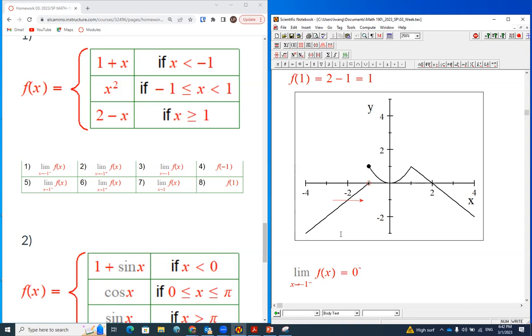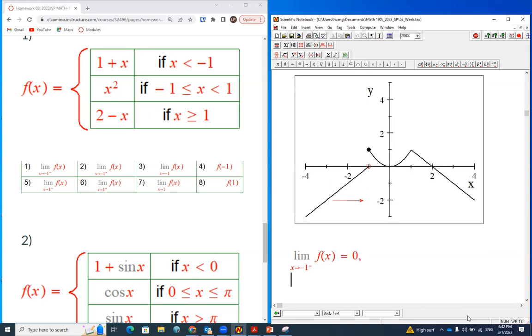But when x is approaching -1 from larger than -1, wait, I have to put it on the shoulder. Not at the same level, I know.